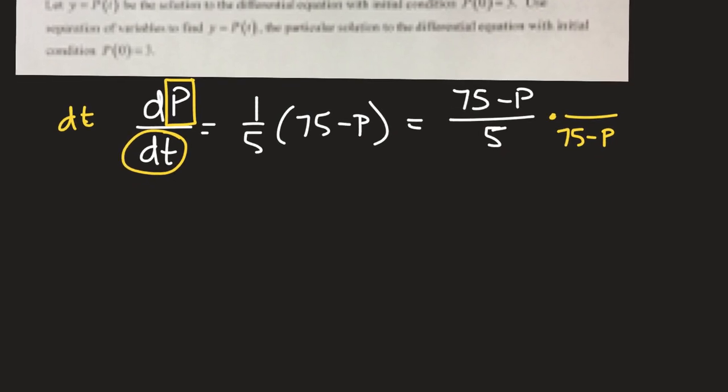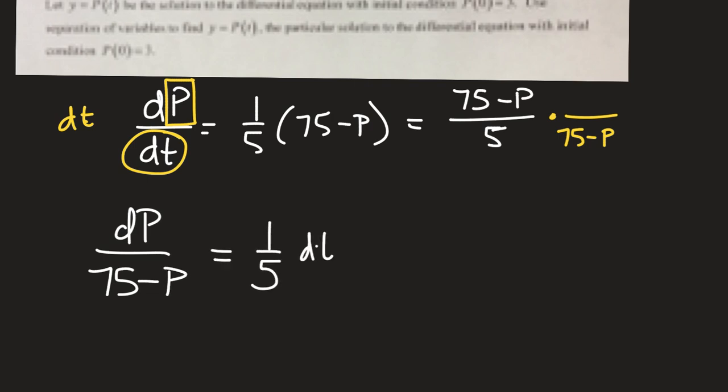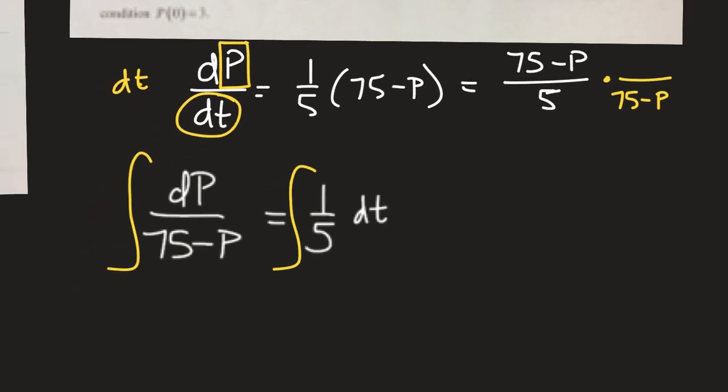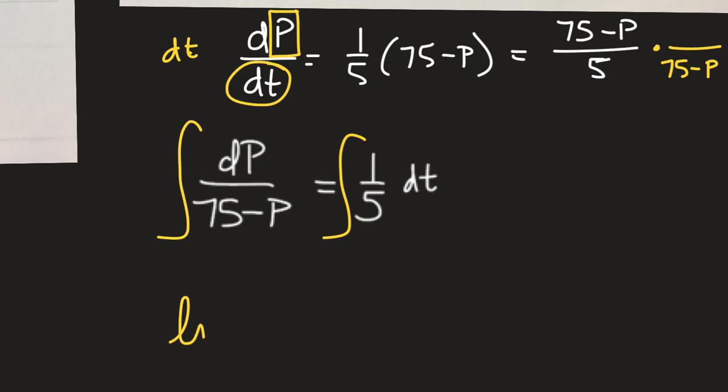Okay, so what that gives us is dp over 75 minus p equals 1/5 of dt. Okay, so here we have our linear equation, right? 1 over a linear equation. When we take the integral of both sides, the left side becomes a natural log antiderivative.